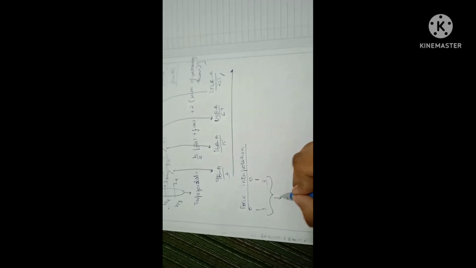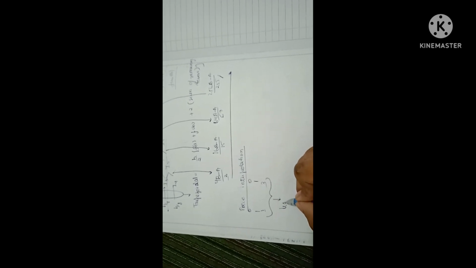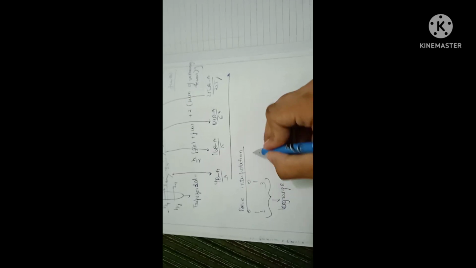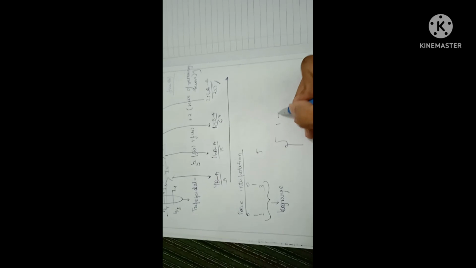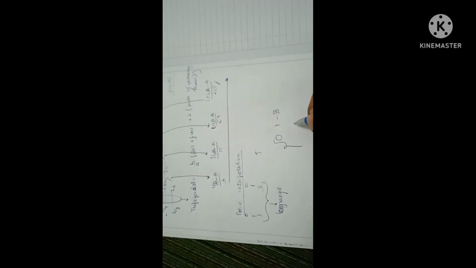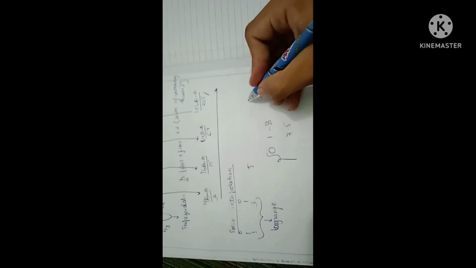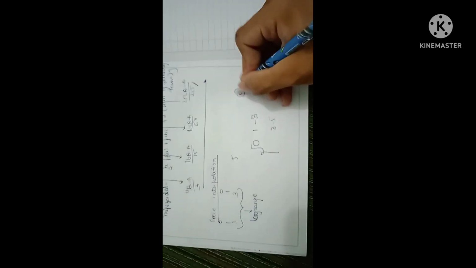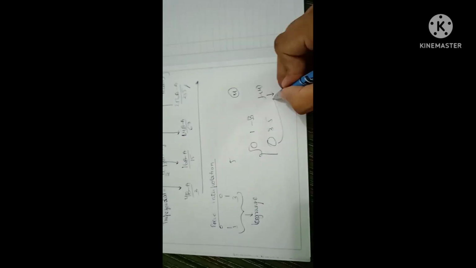For this interval we find the Lagrange interpolating polynomial for 3 to 5, and then we write: for 1 to 3 we have this interpolating polynomial, and for 3 to 5 we have this interpolating polynomial. And if we have to find the value at 4, so f4 would lie in this, and we will write the Lagrange interpolating polynomial of this and find its value.